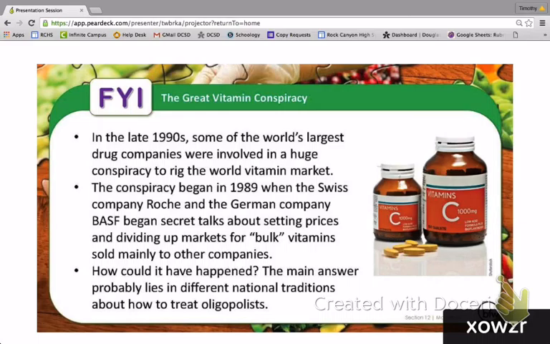And these were some of the world's largest drug companies, and they were involved in this huge conspiracy to rig the world vitamin market and to limit the supply of vitamins that they would produce, divide the market amongst themselves, and keep prices high.